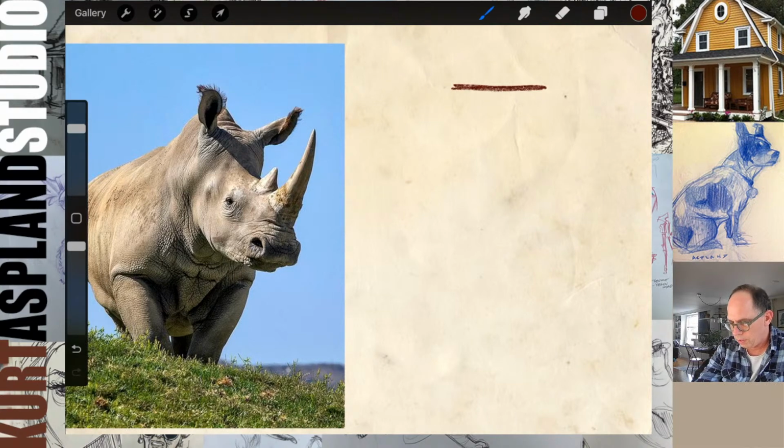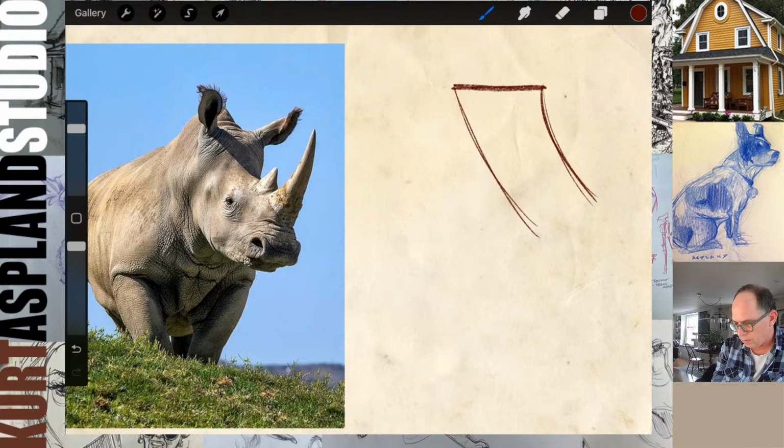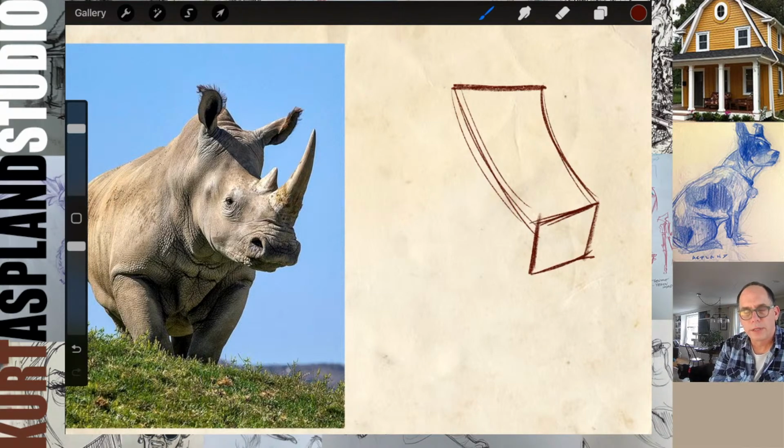And let's just come down here like this. And I'm not really worried if it looks exactly like him. We're just trying to take this complex form and visualize it. So we might do something like that.